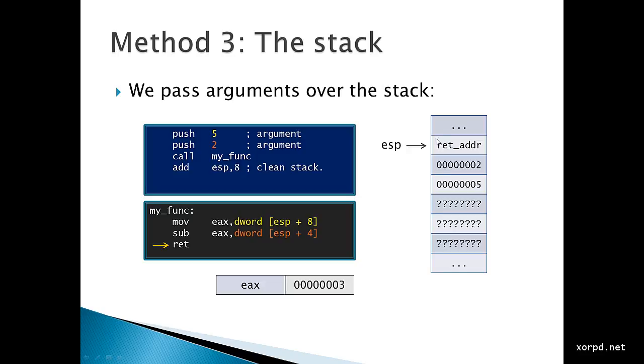Finally, we use the return address to go back to this instruction, add ESP, 8, which is the first instruction after the call. And now this instruction is supposed to somehow clean the stack. You might be wondering, what is the meaning of this number 8? Let me explain. Originally we pushed 2 arguments into the stack.